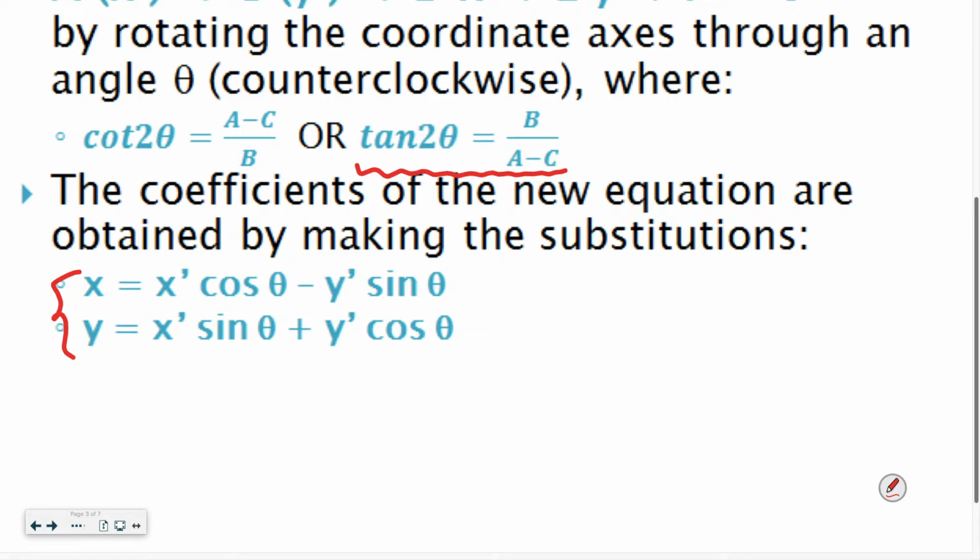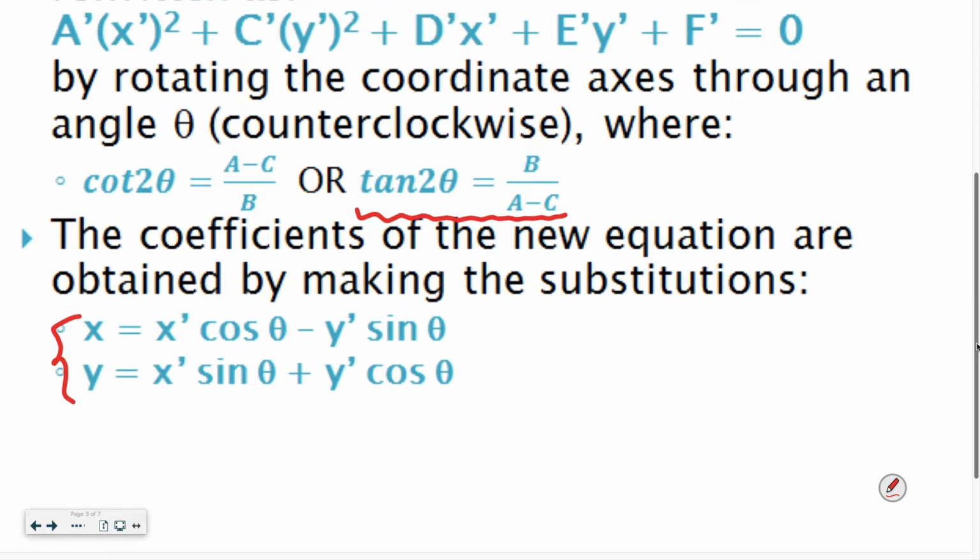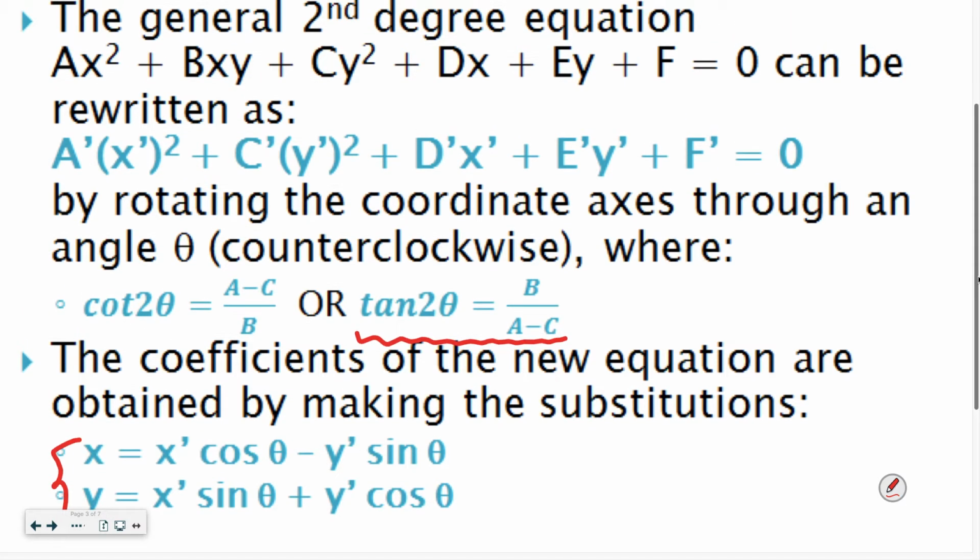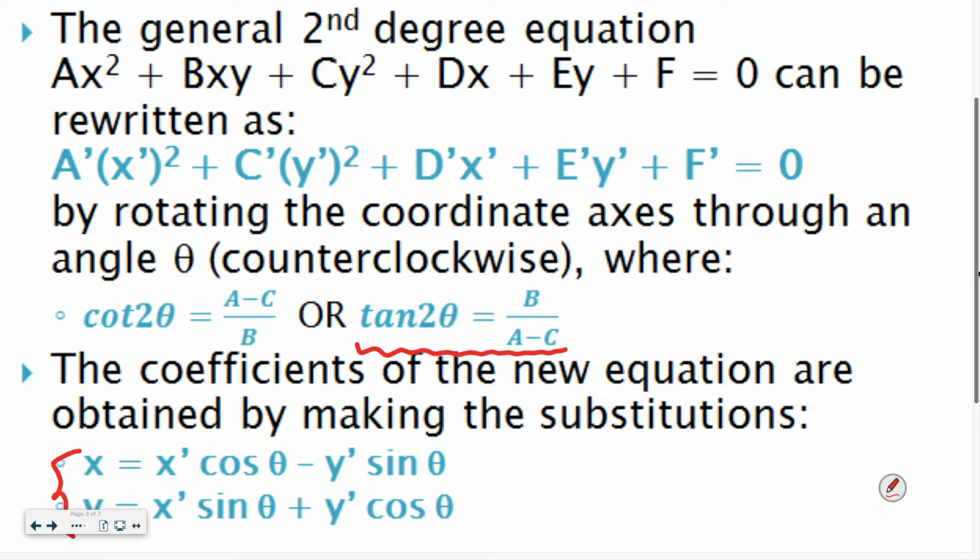Okay? Then what we are going to do with these right here, we'll reduce them because we're going to have a nice unit circle angle. So we can take the cosine of theta and the sine of theta and actually write those as coefficients for those x primes and y primes. And what's going to happen is we're going to come up here to this equation.